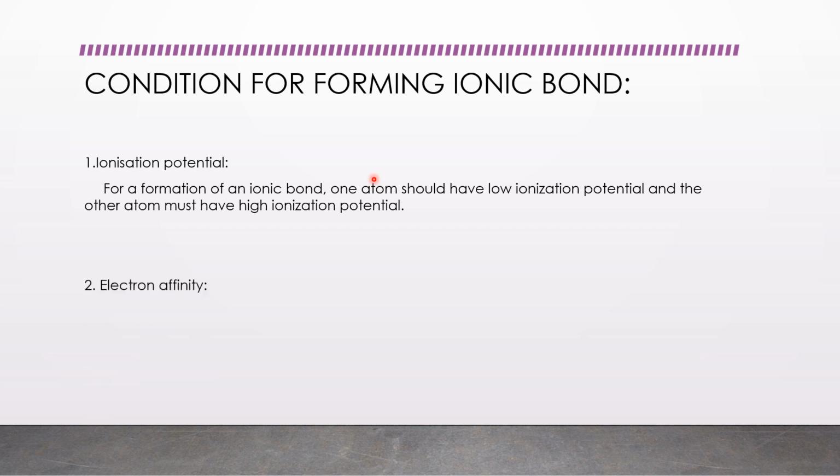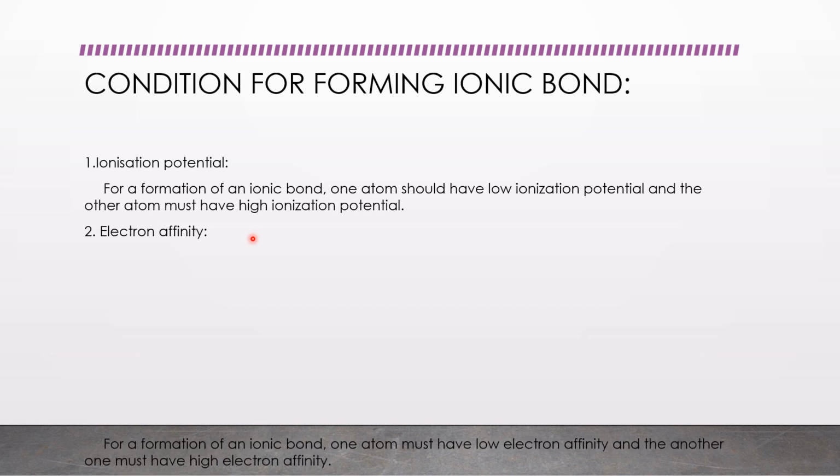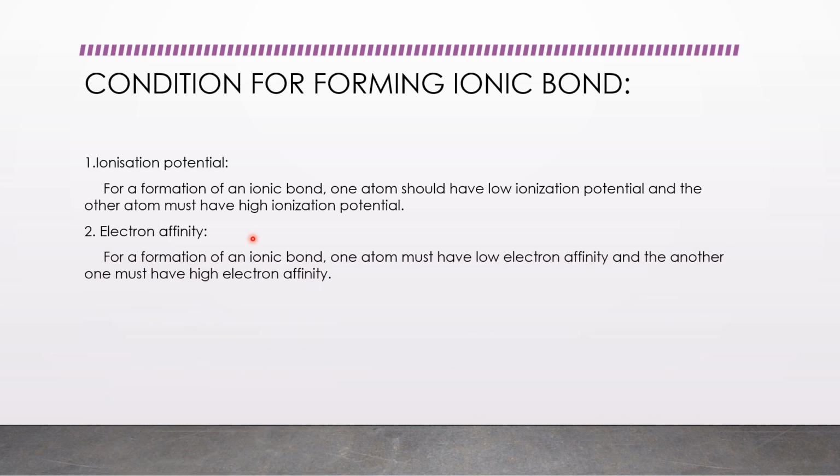And then the next one is the electron affinity. Electron affinity means the energy released. In this also, one atom has a high electron affinity and the other one has a low electron affinity value, and the trend is the same as that of ionization potential. And the third one is the electronegativity.